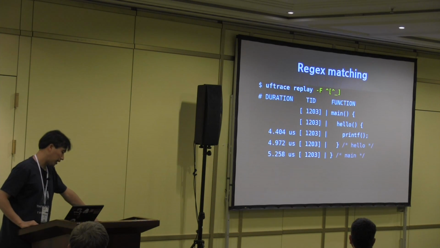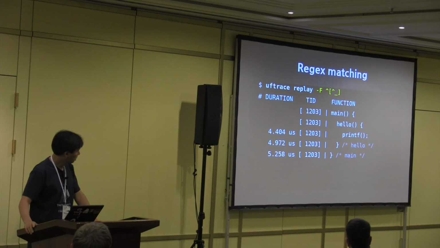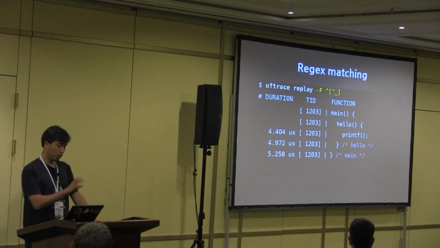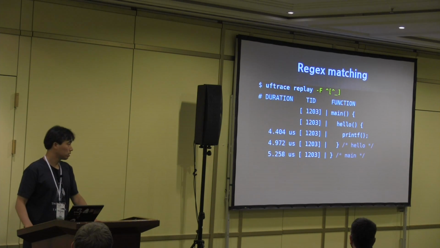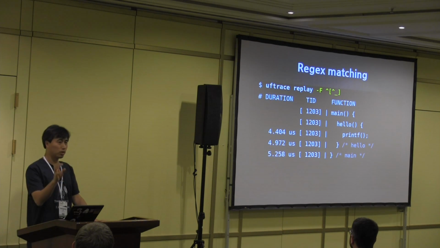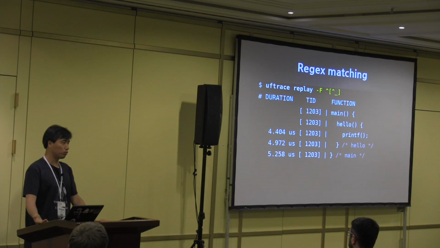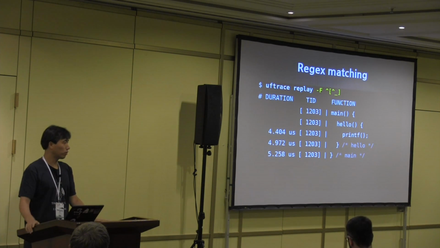Also, function filter and trigger support regex pattern matching. In the earlier example, I used just the full name of a function. So when the given function name does not contain any character that can be used in regex matching, it just tries full matching of the function name.